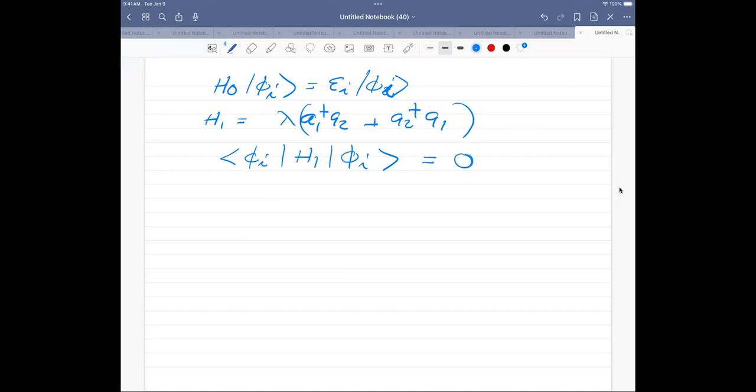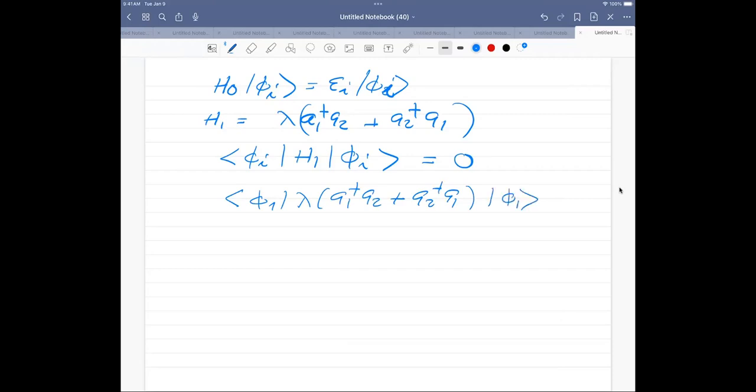Let me just try to convince you that that is the case. So that is the case if you now just take any of these states. So let's suppose you take 1, then you would have a lambda here, and then I have a1 dagger a2 plus an a2 dagger a1. And this is acting on phi 1.